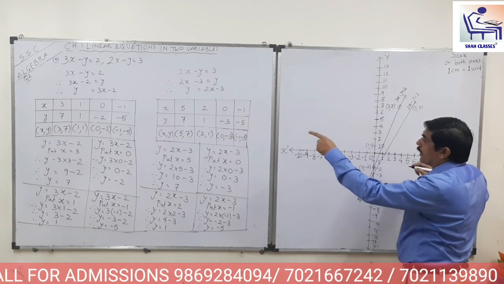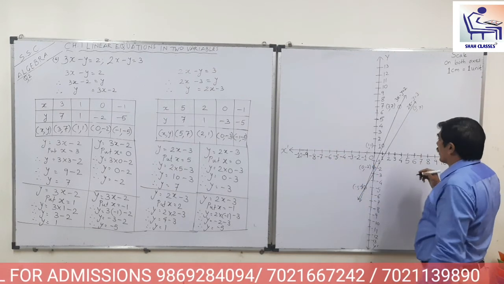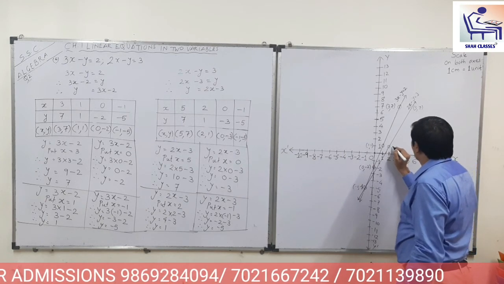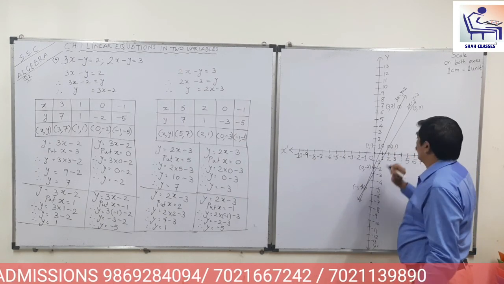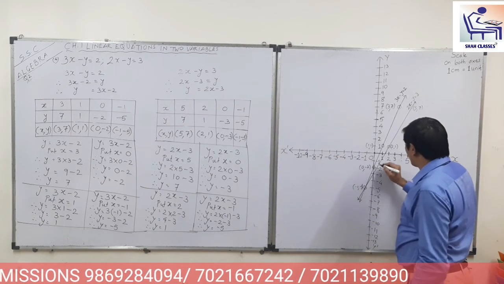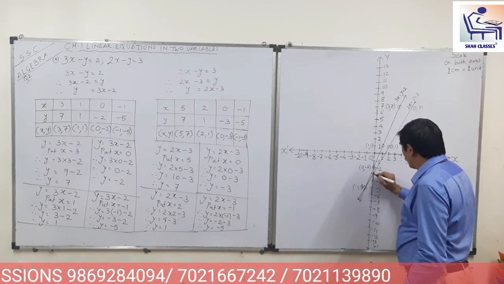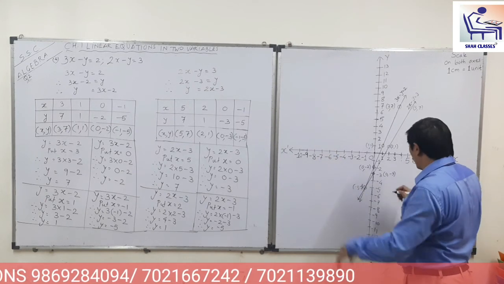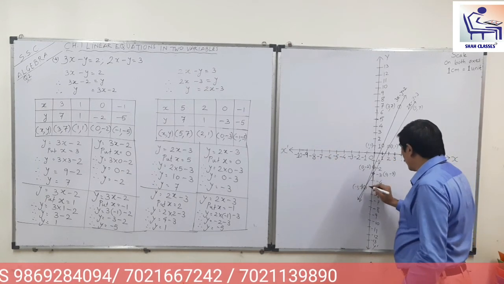First point is 5, 7. Second point is your 2 and 1. Third point is 0 minus 3. Minus 1 minus 5. So here it passes.